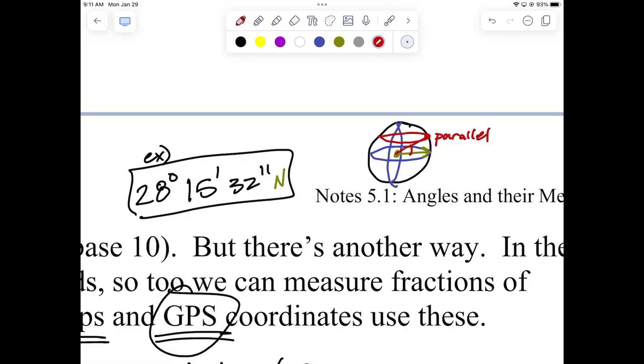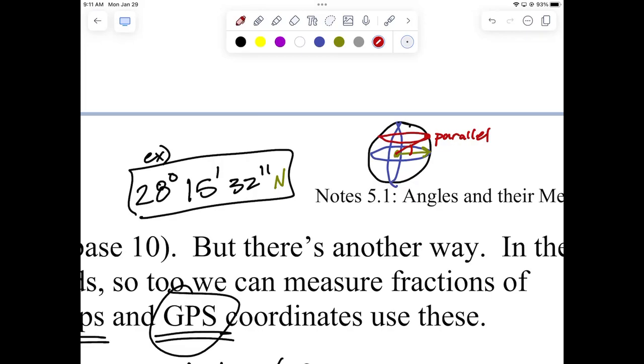Somewhere along that 28th parallel, you can have a point. To pinpoint a point on that parallel, you use the longitudinal coordinate, which gets you to rotate somewhere along that parallel. Where those two intersect, you have your coordinate on Earth. So it's a nice way to navigate through a three-dimensional spherical space.